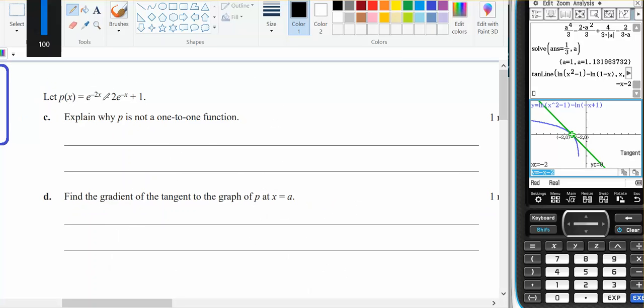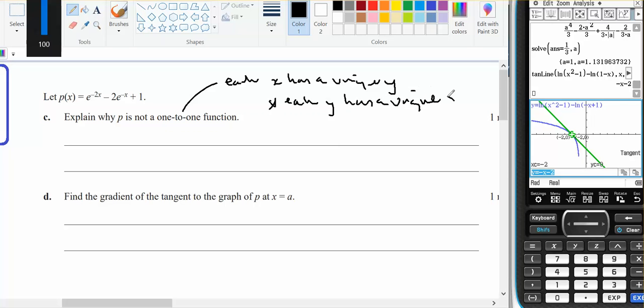Okay, let p of x equal this exponential. Explain why p is not a one-to-one function. Okay, for a one-to-one function, each x has a unique y, and each y has a unique x.